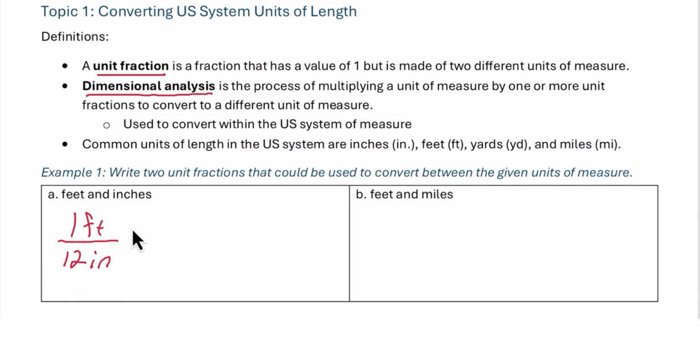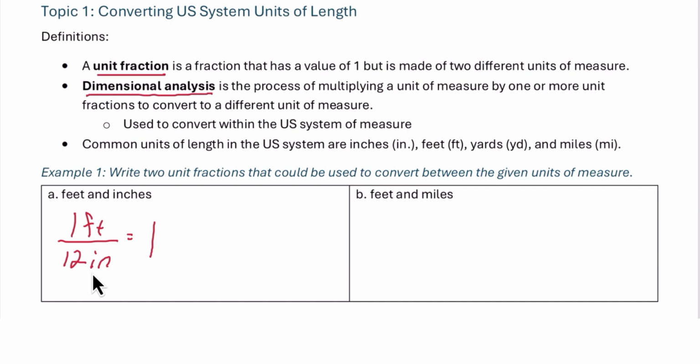Recognize that this fraction really represents 1, the number 1, because 1 foot and 12 inches are really the same thing. So when you have one value divided by that same value, we get 1. So this unit fraction looks a little funny, but it really represents 1.